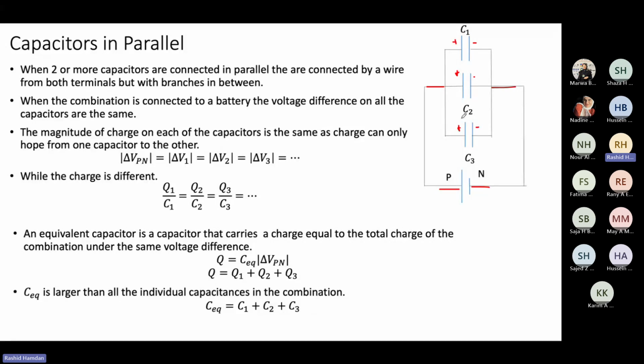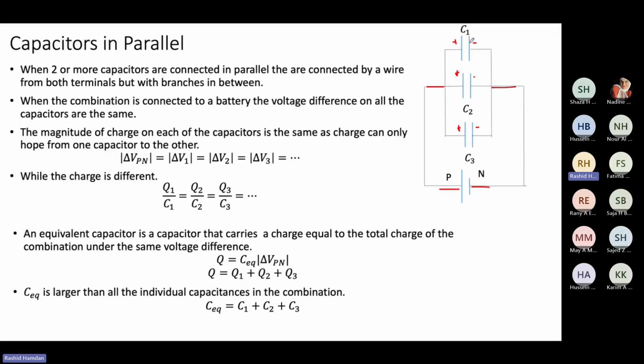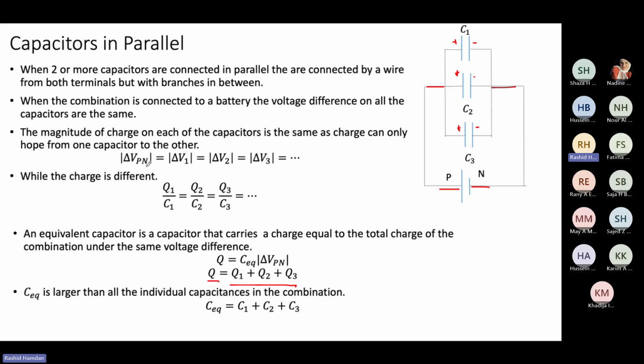So when we want to replace them by a new capacitor, this capacitor is going to have the sum of the charges. And on the other side, we're going to have the sum of the negative charges. So the equivalent capacitor is going to have a charge Q that is equal to Q1 plus Q2 plus Q3. And because they are all connected to the battery, delta VPN is equal to delta V1 equal to delta V2 equal to delta V3.